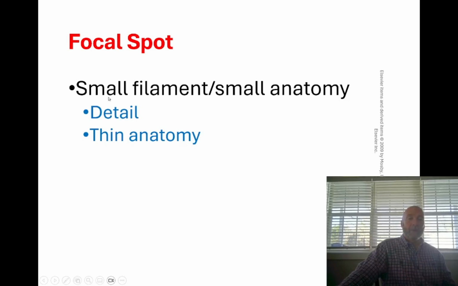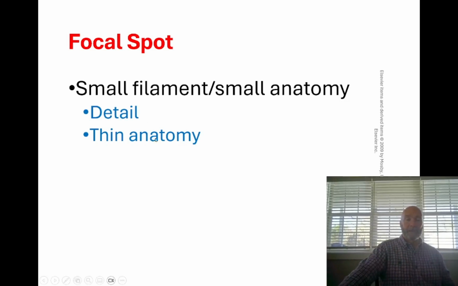So how we use that then is with small filament, we're going to use small filament for small anatomy. So thin anatomy, if we're interested in detailed trabecular markings, we're going through skulls in positioning this semester. So to really see the detail in the ethmoid bone, you're going to need a small focal spot. In extremity work, you're going to need a small focal spot. But you don't want to use a small focal spot whenever you're using big exposures on things like the abdomen.